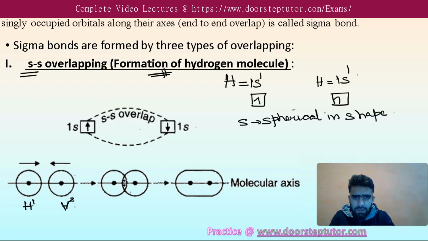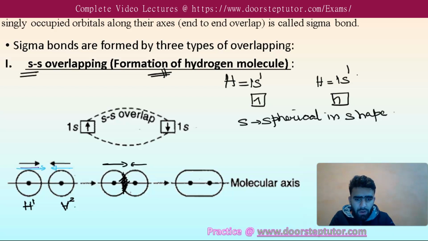Now, as these two s orbitals come close to each other, overlapping occurs, as you can see here, between the orbitals. Since this is head-on overlapping, according to Valence Bond Theory, a covalent bond is formed.